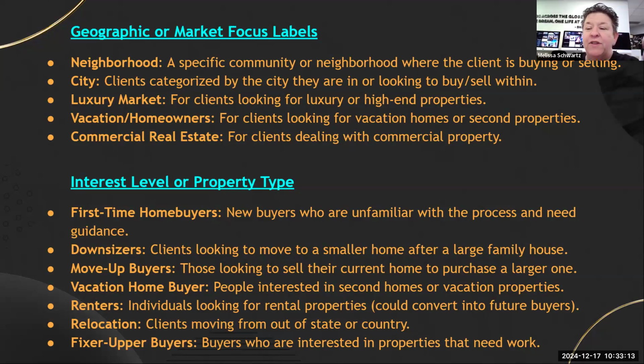Depends on your database, how the database is set up. If you're just working off of an Excel spreadsheet, these would be other columns so that you can put certain things in. The column would be interest level or property type, right? That would be the header of the column, and then you would put these different things in below so you could sort by first-time home buyers, downsizers, move up, vacation home renters, right?